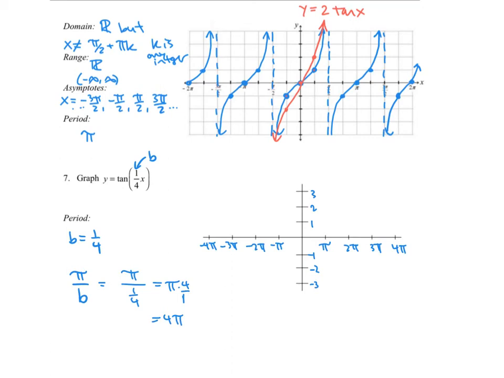Now the period of this function is supposed to be 4 pi units, but it needs to go through the origin, and the distance between the two asymptotes needs to be 4 pi units. So we're going to go from -2 pi to 2 pi, so that the distance between the asymptotes is 4 pi, the period of this tangent graph.